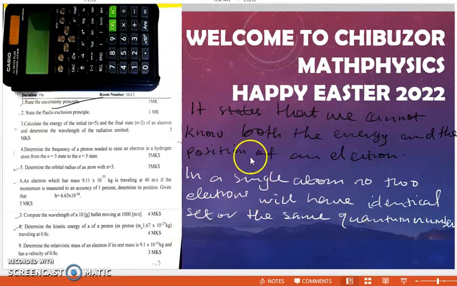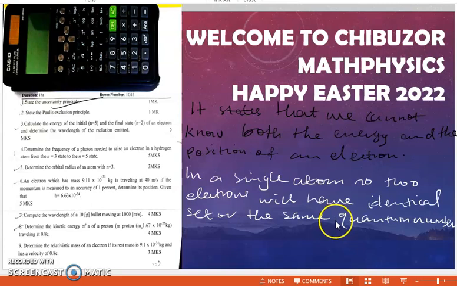So this is exactly what the Pauli exclusion principle states. It is stated that in a single atom, no two electrons will have identical set or the same quantum numbers.